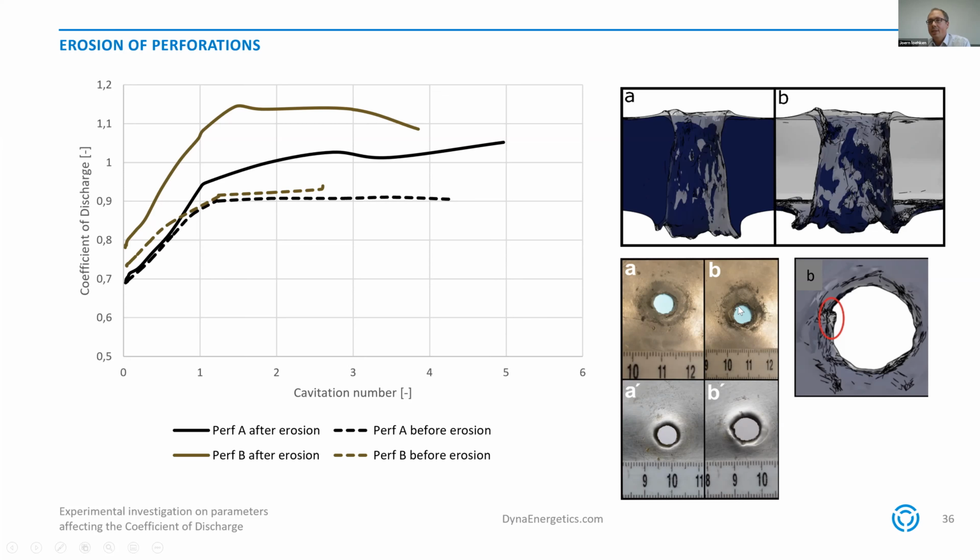You can see here the small edge in this picture, and here it's already rounded. And you can see it also here in this top view, that this transparent part was completely eroded away, and we assume that this has caused this larger increase in the coefficient of discharge, although the surface area has not significantly changed.